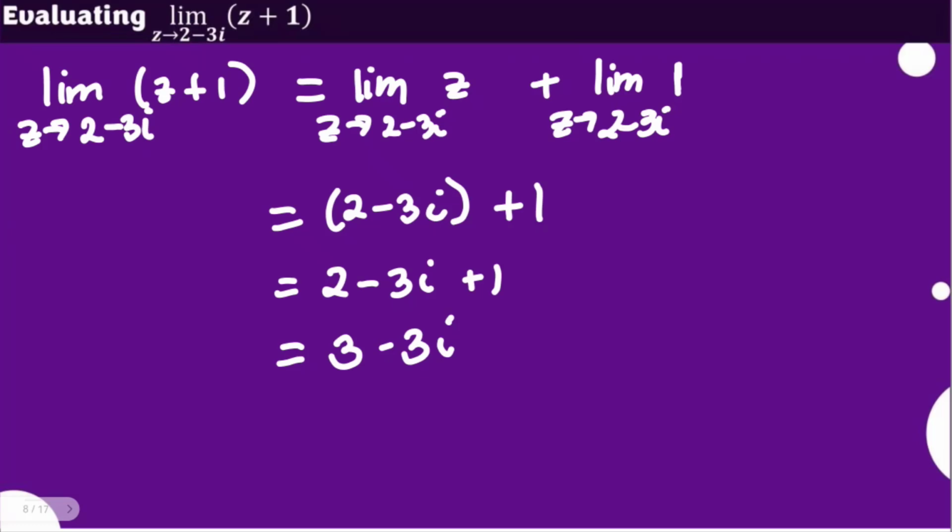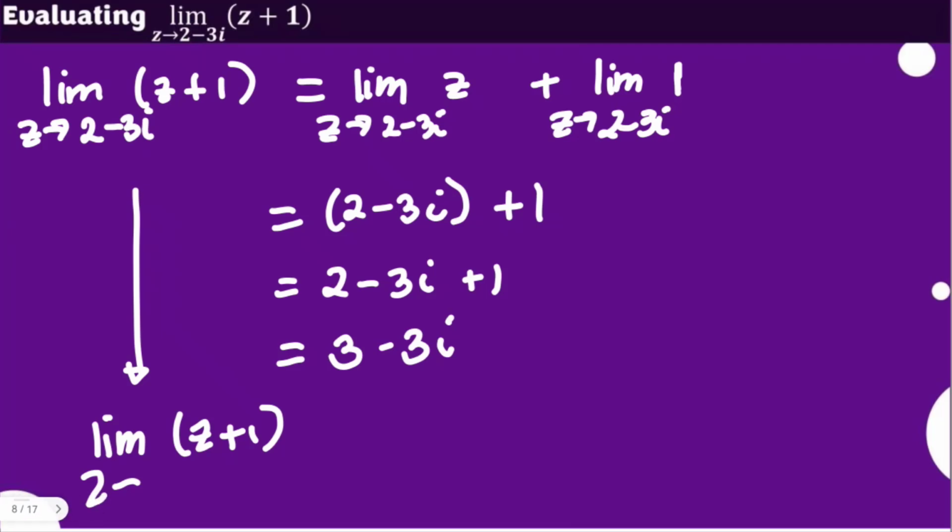Now, I mentioned earlier, there's nothing wrong in using direct substitution as long as you are guaranteed to have the value of the limit from the left and the right to be equal. So this time here, let's just simply try to substitute if we can. I'm going to rewrite here the limit of your z+1 as z approaches 2 minus 3i.